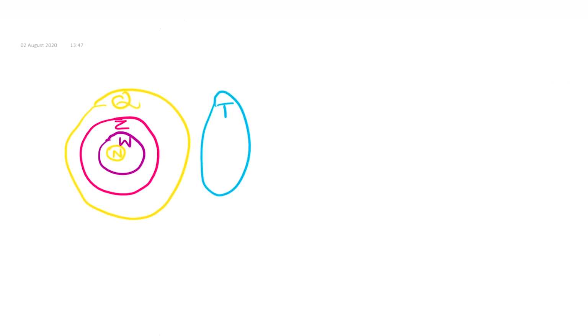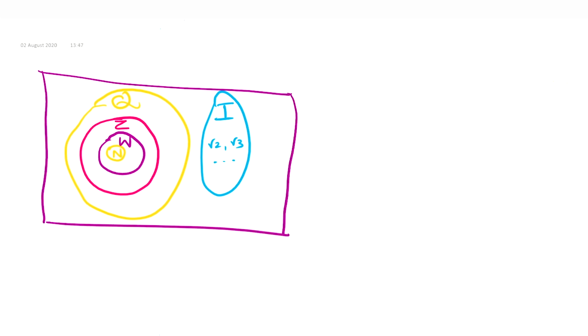First we have the natural numbers, then whole numbers, then integers, then rational numbers, then irrational numbers, that is root 2, root 3, etc. Altogether, rational union irrational gives you the real number system. So this is what the real number system is.